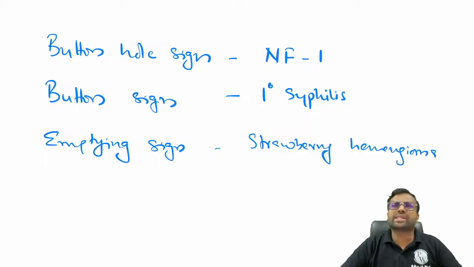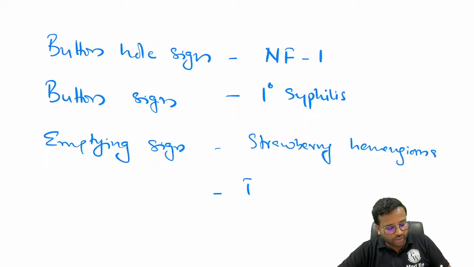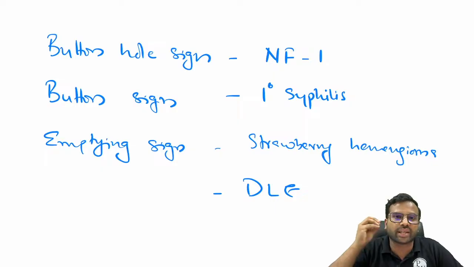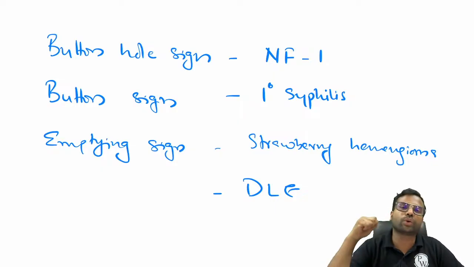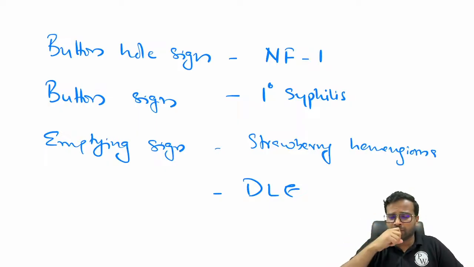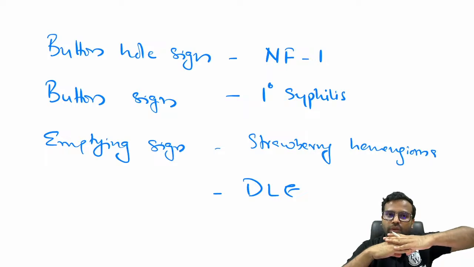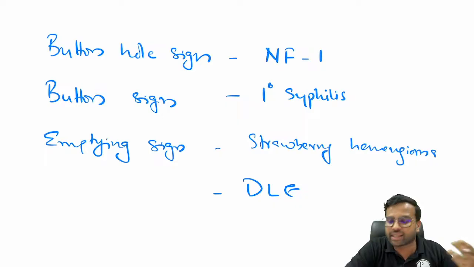Excellent. So is there any sign that you can see in the patients of discoid lupus erythematosus? Like the scaling that you can see in DLE patients, it is so adherent to the skin that once you try to peel them off, you are able to elicit another sign here.